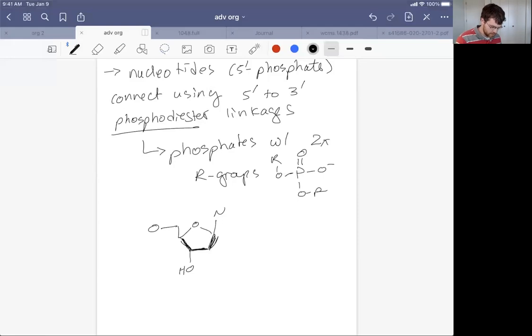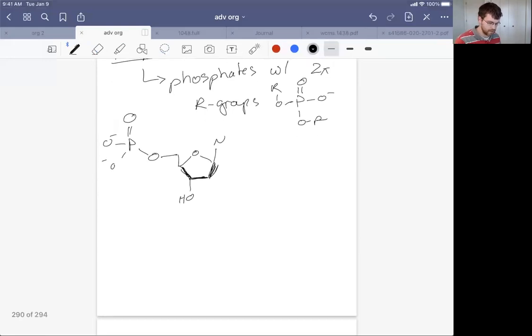Okay, so here is my deoxynucleoside. Now what I'm going to do is convert that into a nucleotide by putting a phosphate group here. Okay. And this is a base.